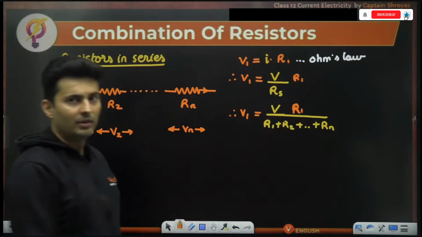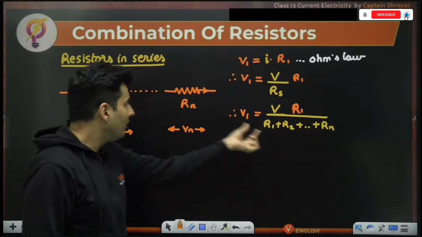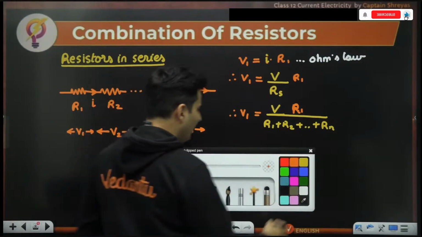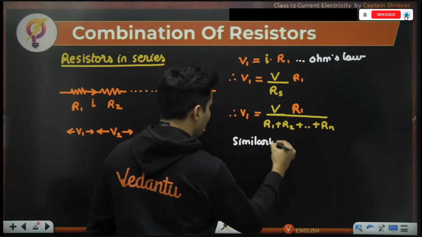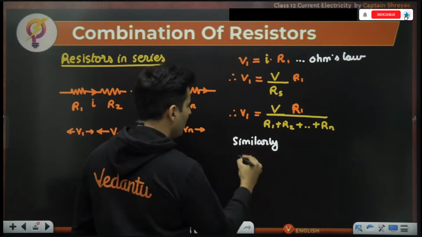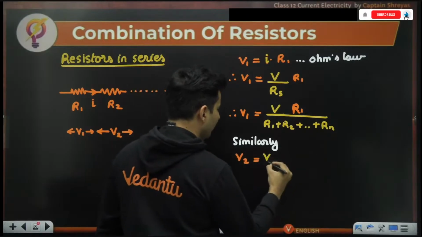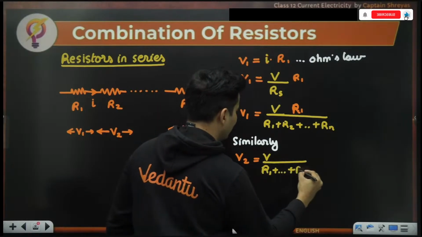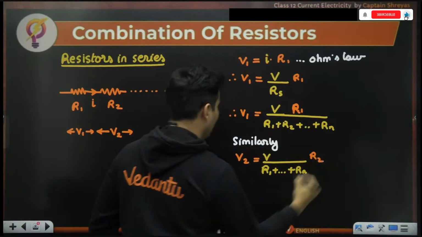This is a very important formula. So this formula can help me figure out the voltage across any resistor. Similarly, one can argue how much will V2 be equal to? V2 will be equal to total voltage divided by R1 plus R2 plus like that till Rn, and the whole thing, because this is V2, you multiply it with R2.